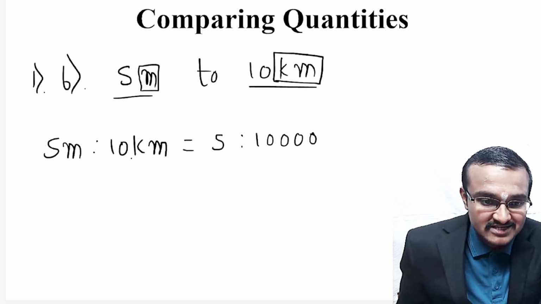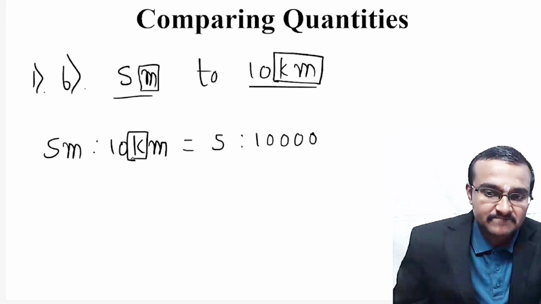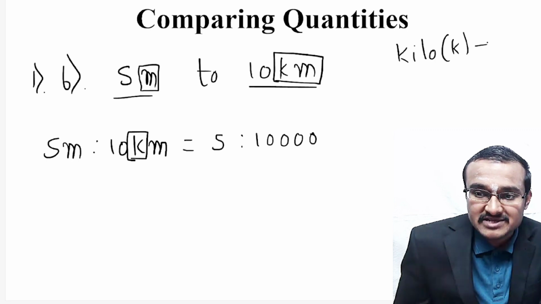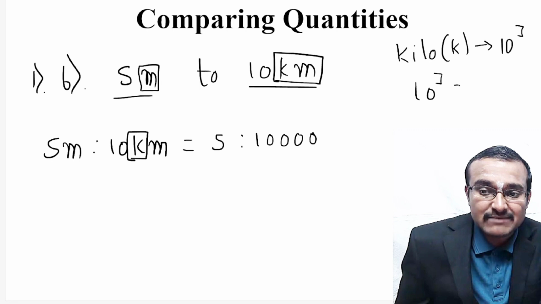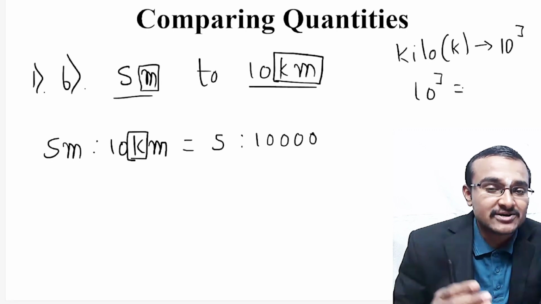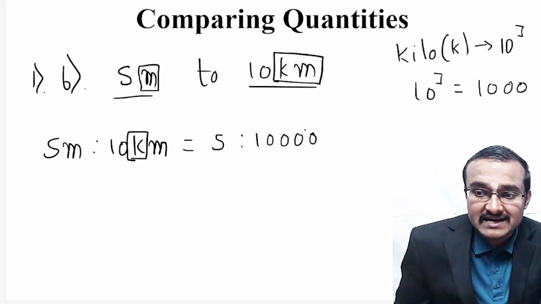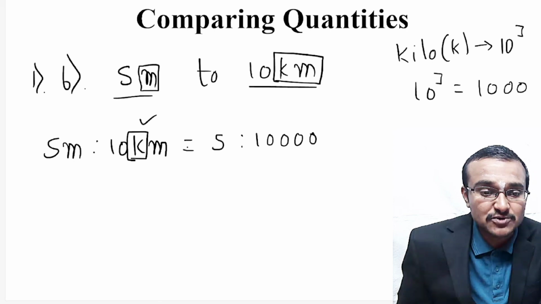Why? Because this particular kilo represents 10 power 3. Always remember that the small k, kilo, always represents 10 power 3. So what is 10 power 3? 10 power 3 is 10 into 10 into 10, which is 1000. That means this kilo is actually 1000.